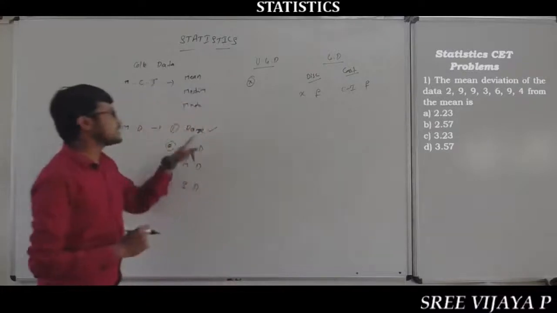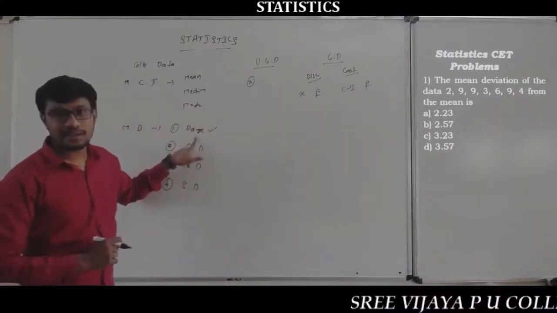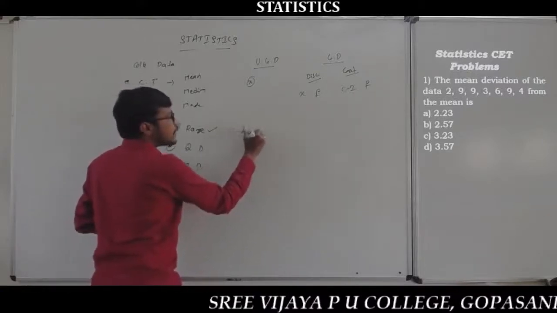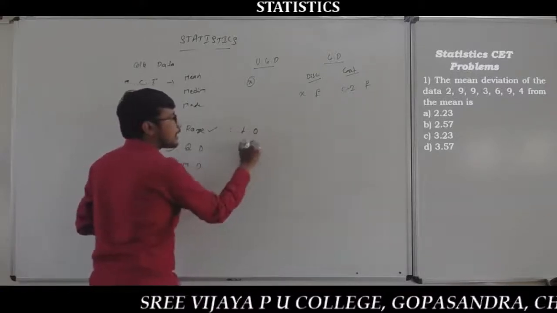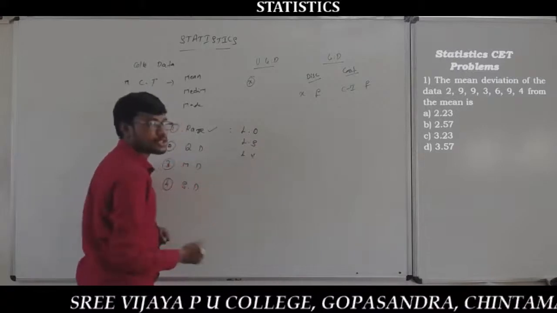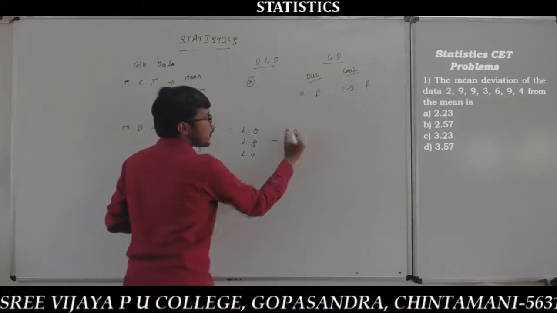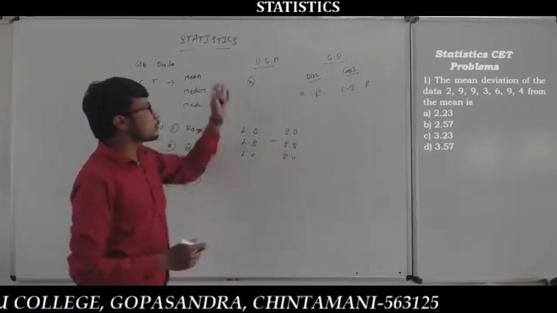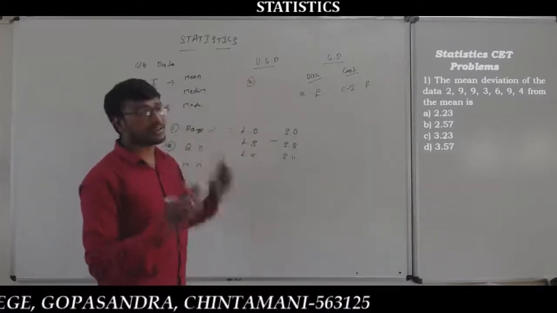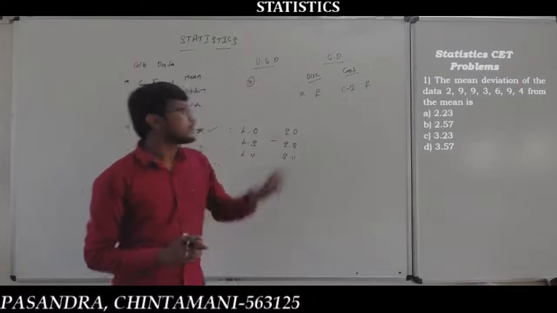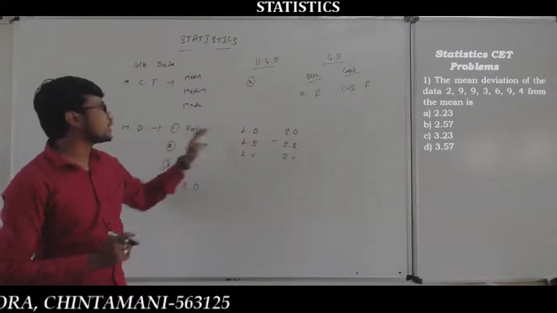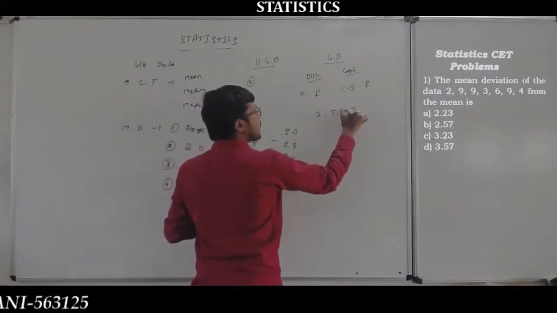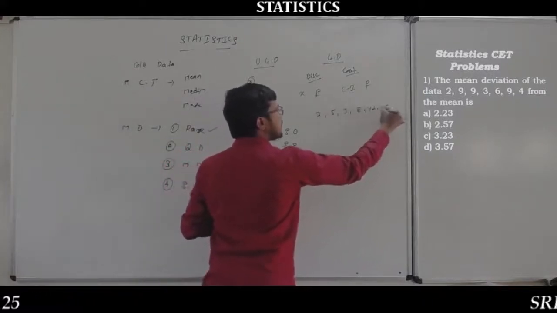Okay, so how can we find the first one, range? It is a simple thing. Range is the largest observation, or largest score or largest value, minus the smallest observation, smallest score or smallest value. Suppose the scores are 2, 5, 3, 8, 12, 6.